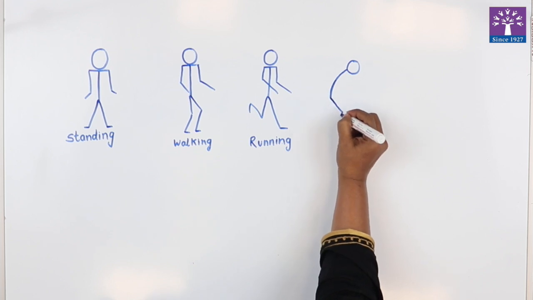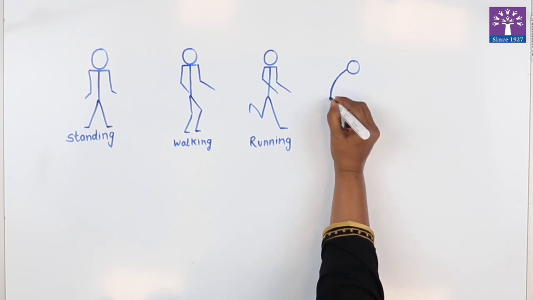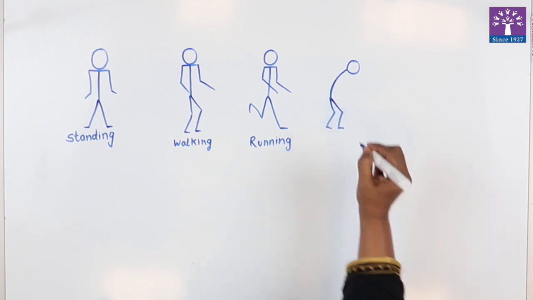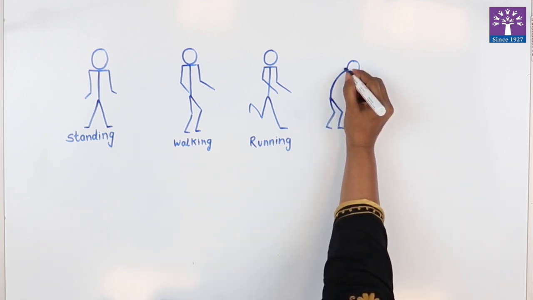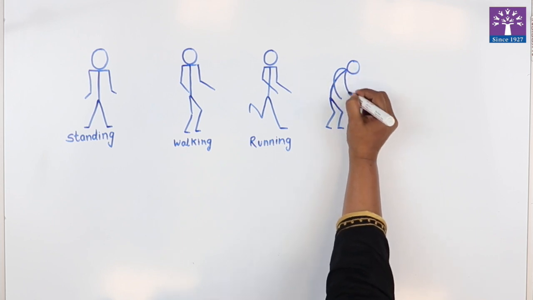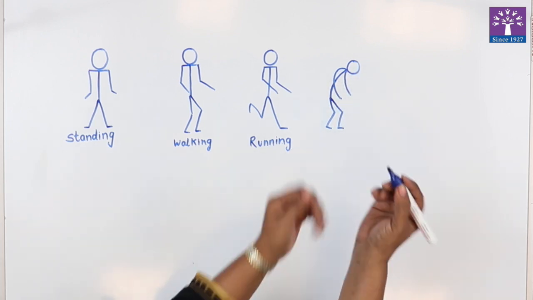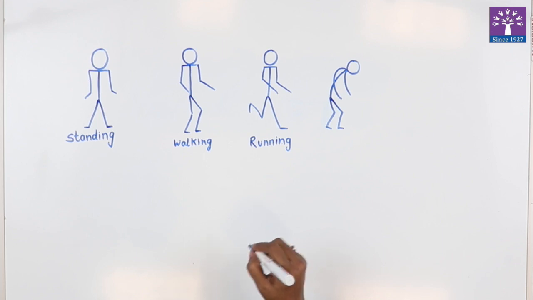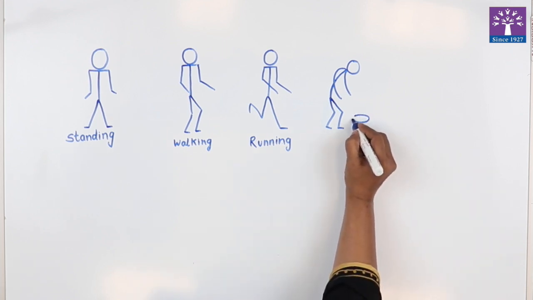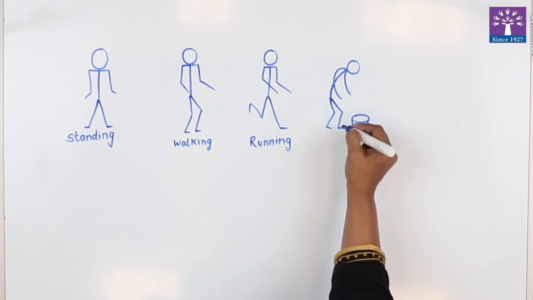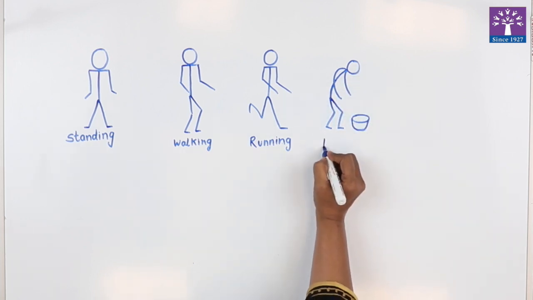Then the legs also bend. And your arms are down because you want to pick something up. So suppose you want to pick up a basket which is kept down. So now, doesn't it look as though this figure is bending?